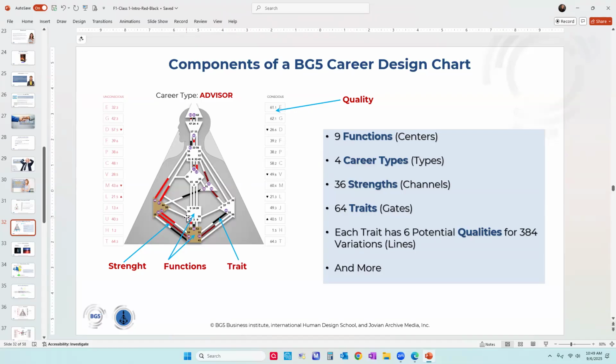So we have the career types, there are 4 of them. We have the 9 functions that are in the design that we'll be exploring. There are 36 potential strengths. There are 64 individual traits. There are 6 potential qualities that align with each of the traits.